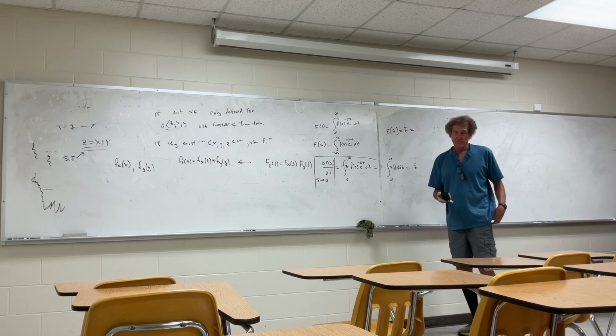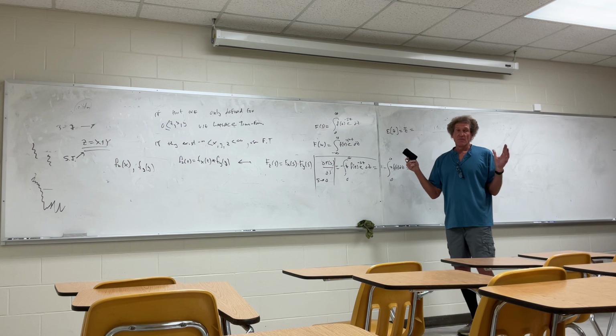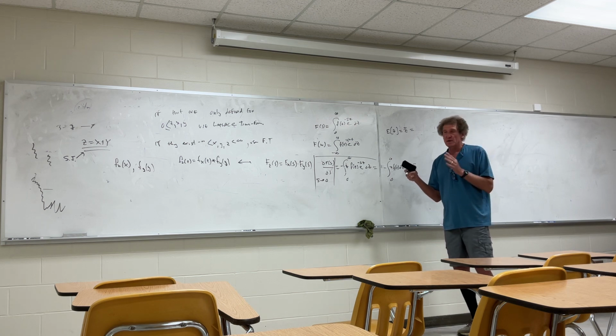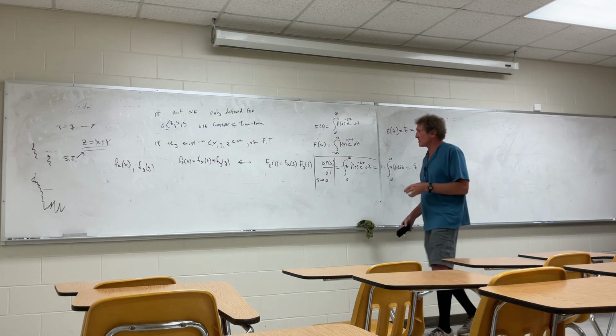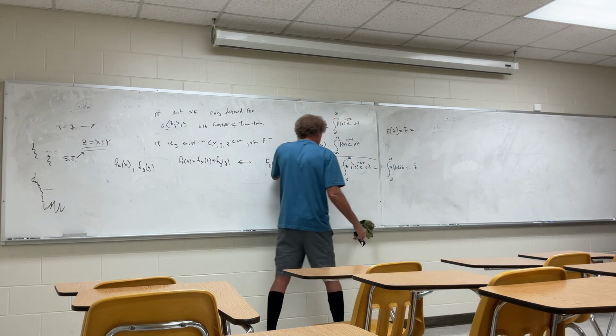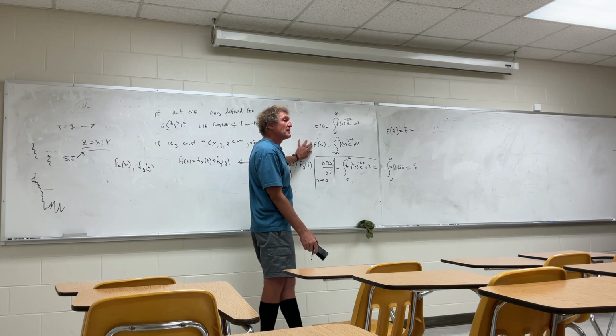With me on that? Now, that's for the functions if they exist for 0 and positive values of x, y, and z. If you have values that exist, like from minus infinity to infinity, then you have to use the Fourier transform. All right? Same exact concept.